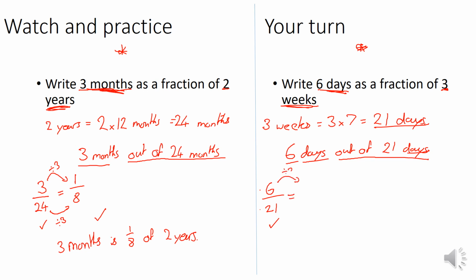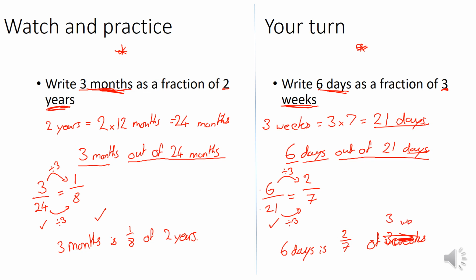Simplifying, like we always check. So divide by 3 and divide by 3, which gives us 2 over 7. So 6 days is 2/7 of 3 weeks.